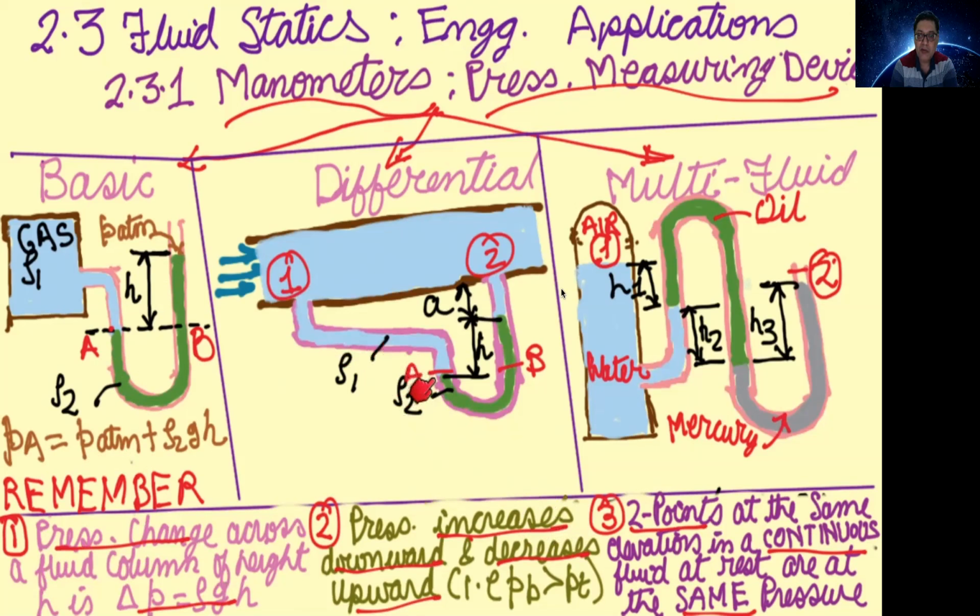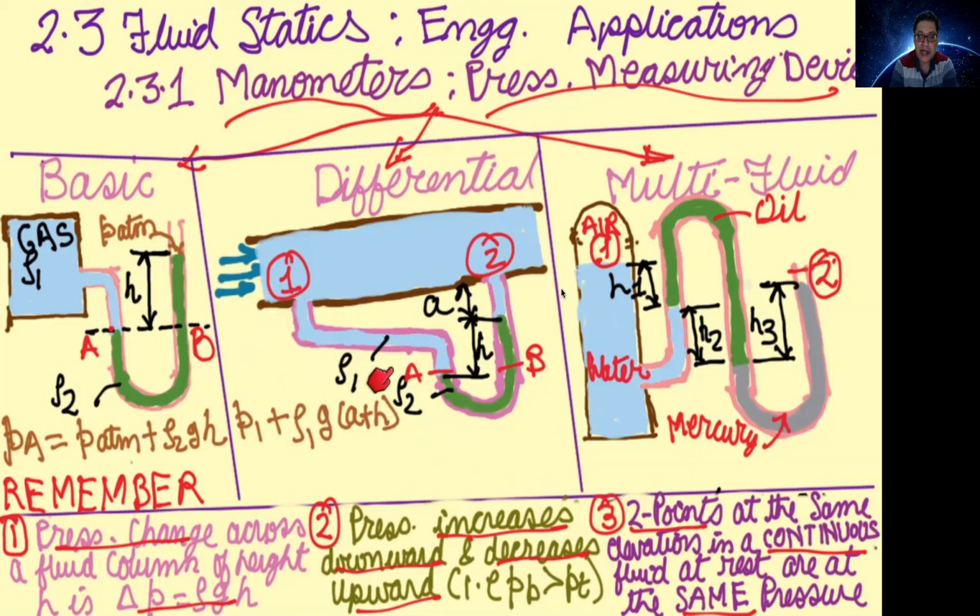Like in this problem, here again the pressures at A and B, which are on the same horizontal line and are connected by the same green fluid, are the same. If you want to obtain the pressure P1 minus P2, let us start with P1.